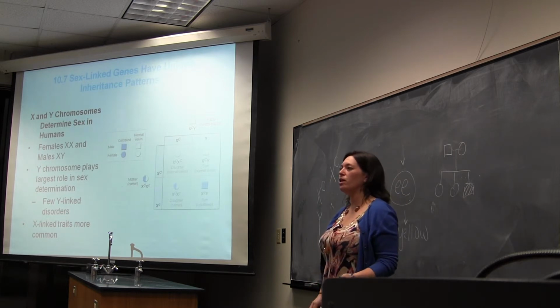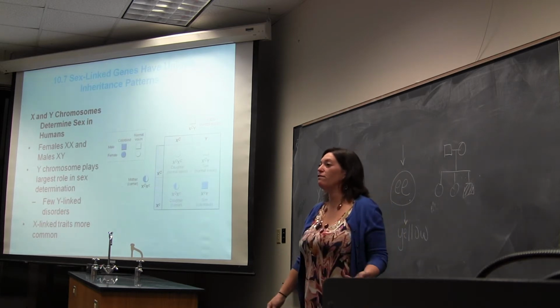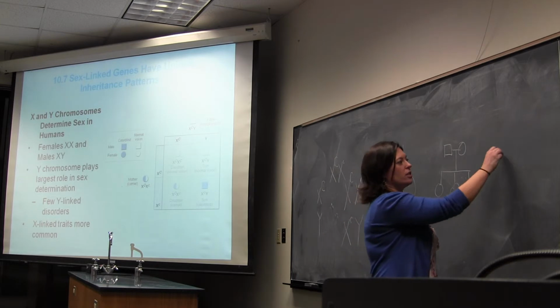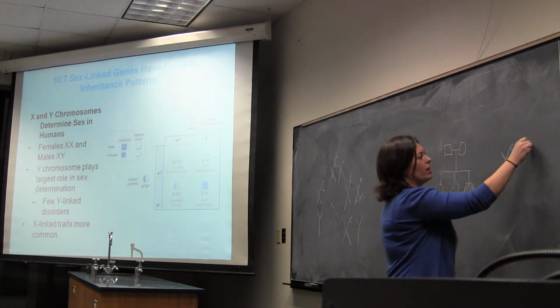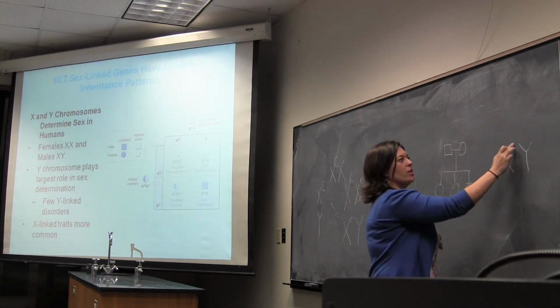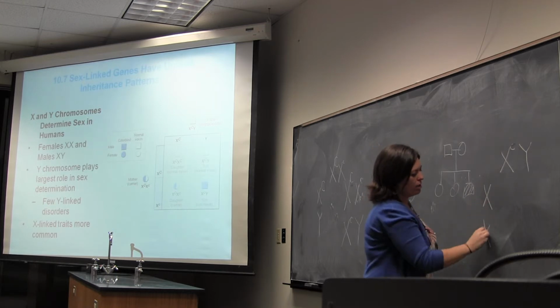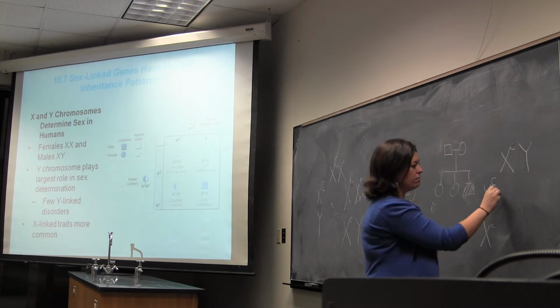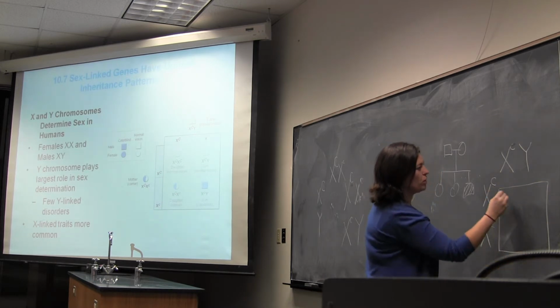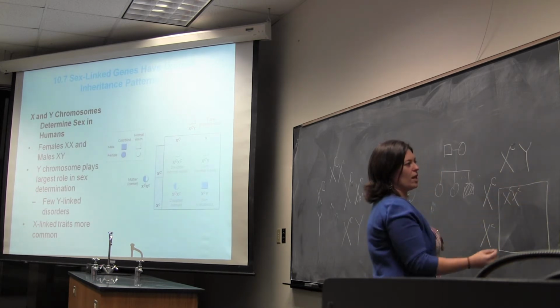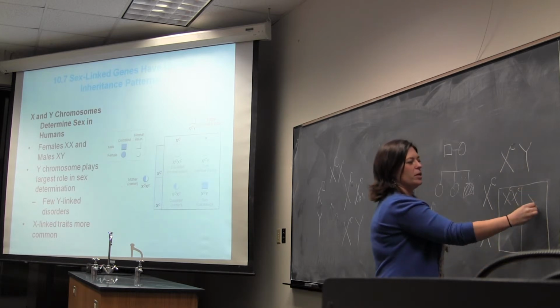Now there is a scenario where you can have females that are colorblind. If you took a male that was colorblind and he marries a female that's heterozygous, then you're going to have the possibility. This one would be heterozygous, so that one would be normal. This one would be normal.